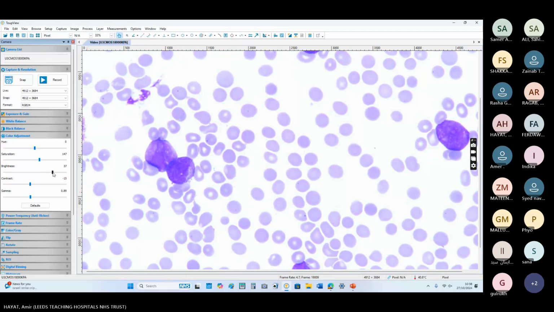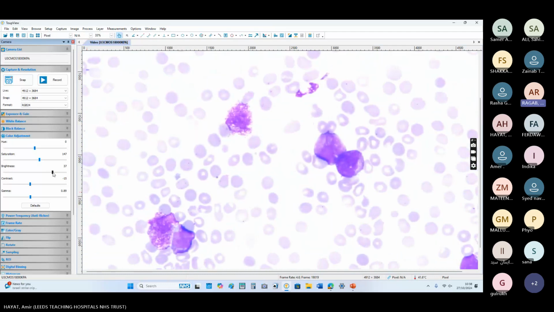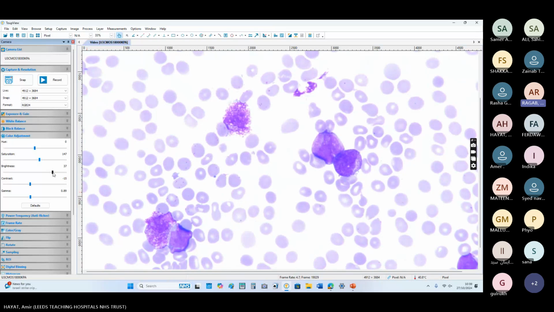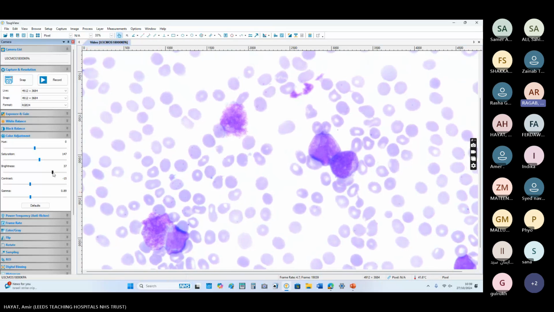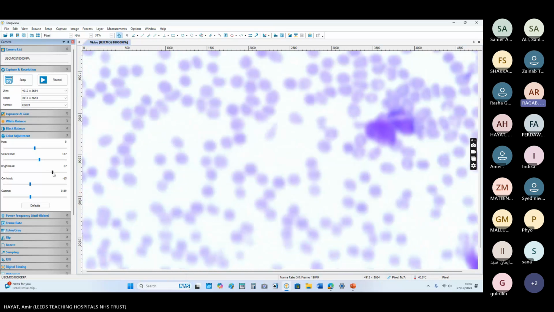Usually it's big cells and could be hypergranular.